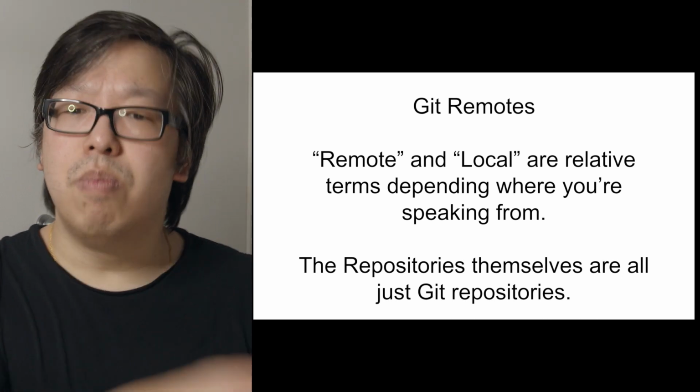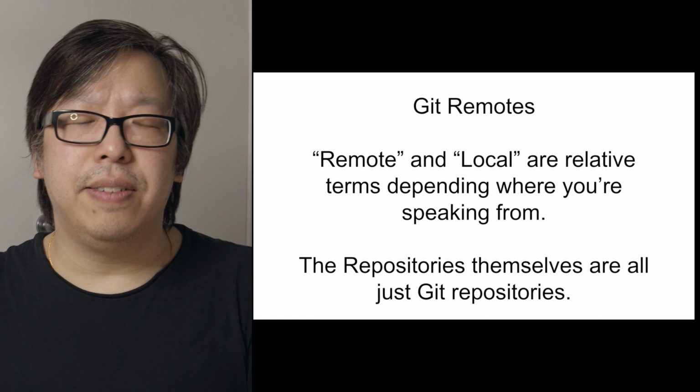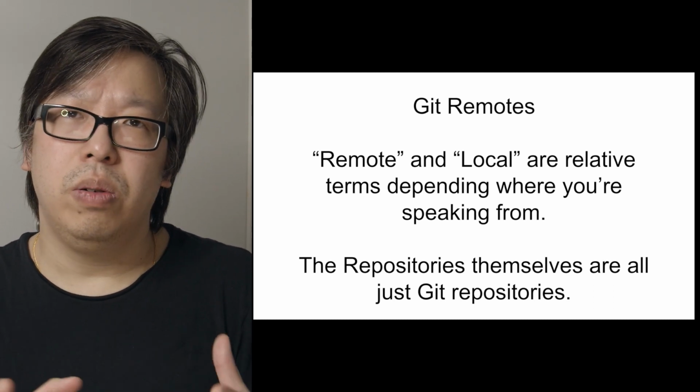Now, when we talk about remote and local repositories, that's really relative to who you're speaking to. So let's say me and Joe are working with each other, and let's say my Git repository is synchronizing with his Git repository. Well, to me, my folder is the local repository and Joe's is the remote repository.